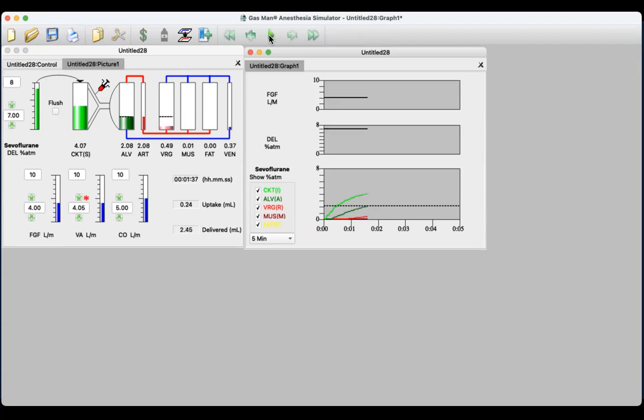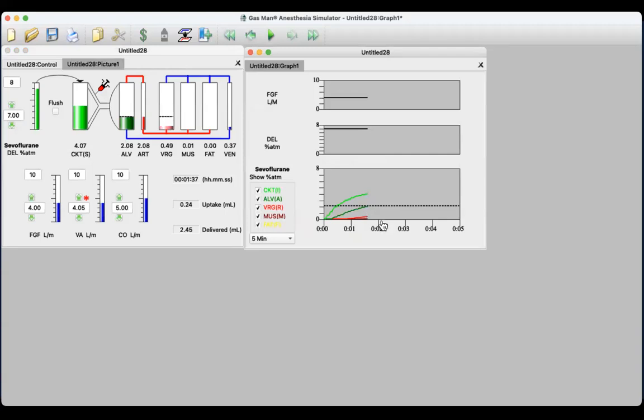anesthetization. What I've done is I've hit the pause button when I saw alveolar reach 1 MAC. That occurred, we can see over here, somewhere between 1 and 2 minutes. And if we click the cursor here, we can see it was 1 minute and 36 seconds.